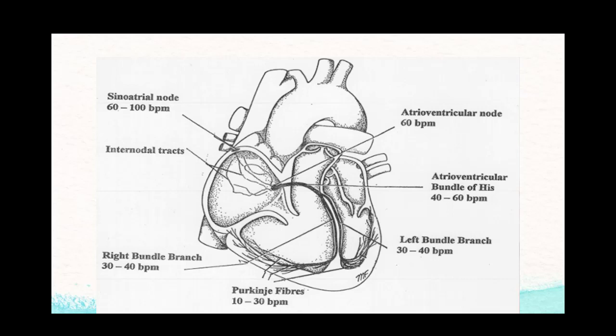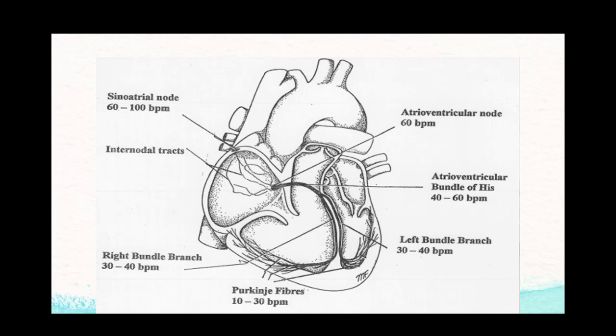This picture looks at cardiac anatomy. With this, the normal electrical impulse in the heart starts at the SA node. The SA node is in the upper right atrium, and it is connected through internodal tracts to the AV node.